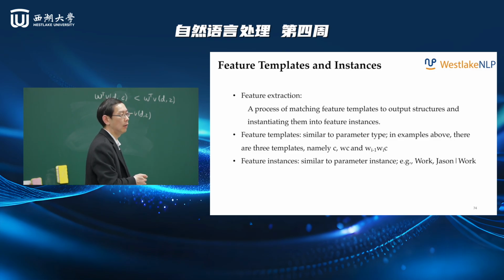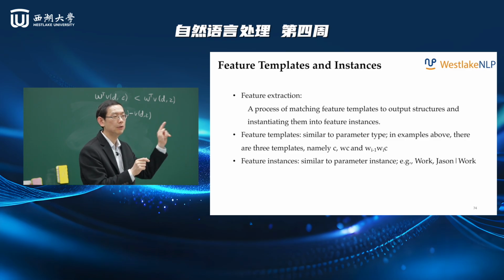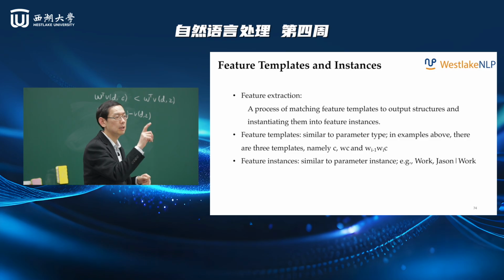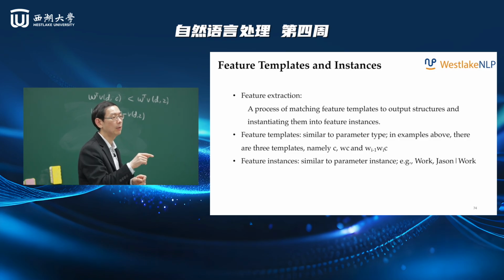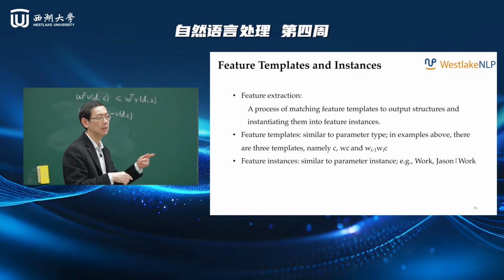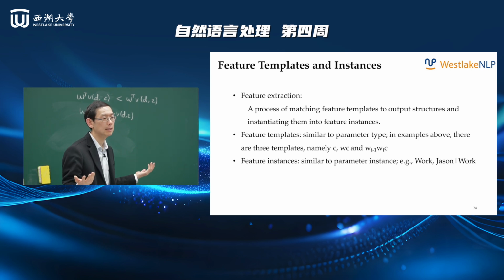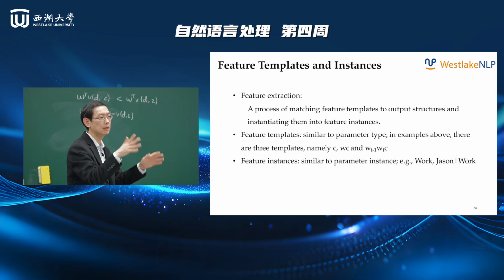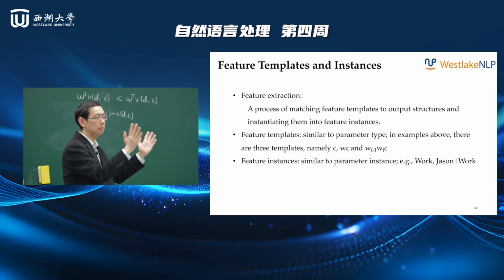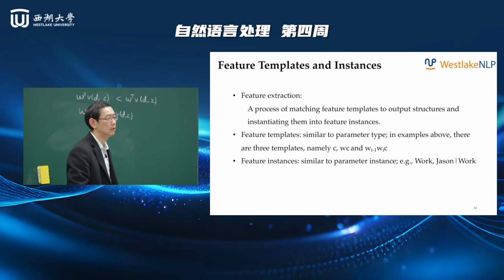For that, we specified class label C as a feature template, the composition of word and class label W and C as a feature type, and the composition of bigram and class label BI and C as a feature type. There are 3 feature types. How many instances? Cartesian product, C plus V times C plus BI times C, this many instances. So this is the feature vector.